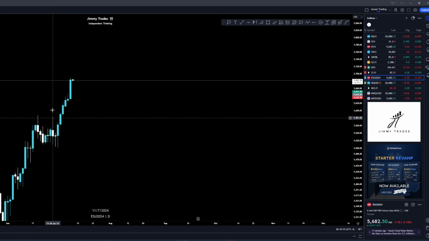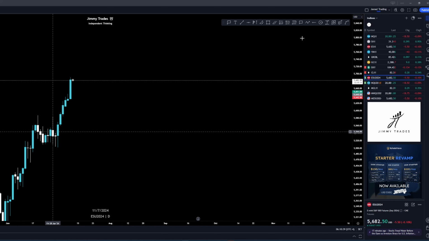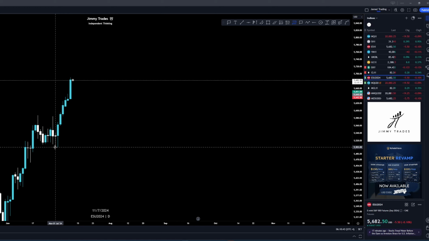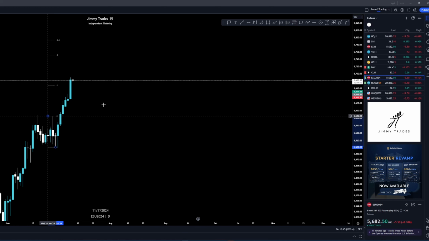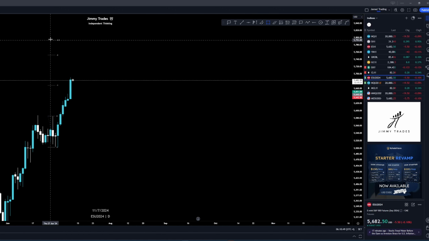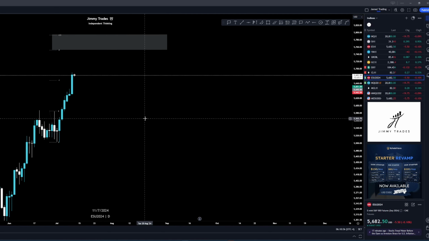If we wanted to, we could probably drag the standard deviations off these levels here and just see where we get a projection to. Let's put a potential target at this level here for a first target.